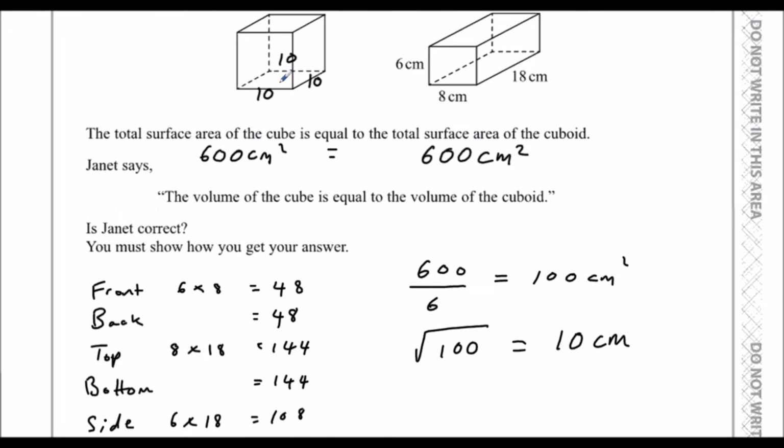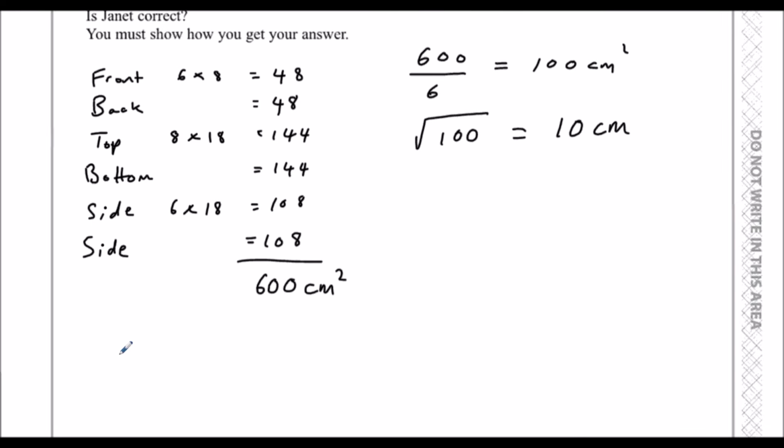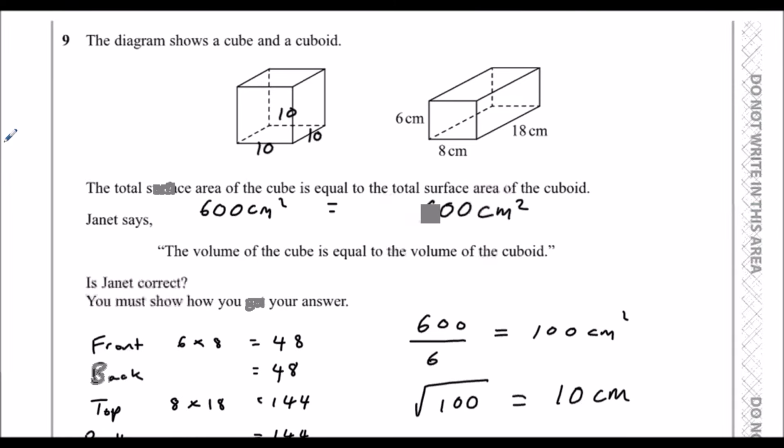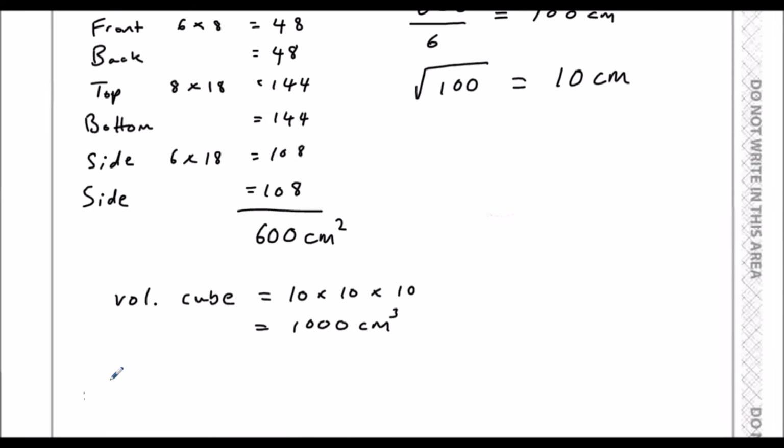So the volume is length times width times depth, 10 times 10 times 10 for the cube. So the volume of the cube is 10 times 10 times 10, which is 1000 centimeters cubed. And for the cuboid, we've got 8 times 6 times 18.